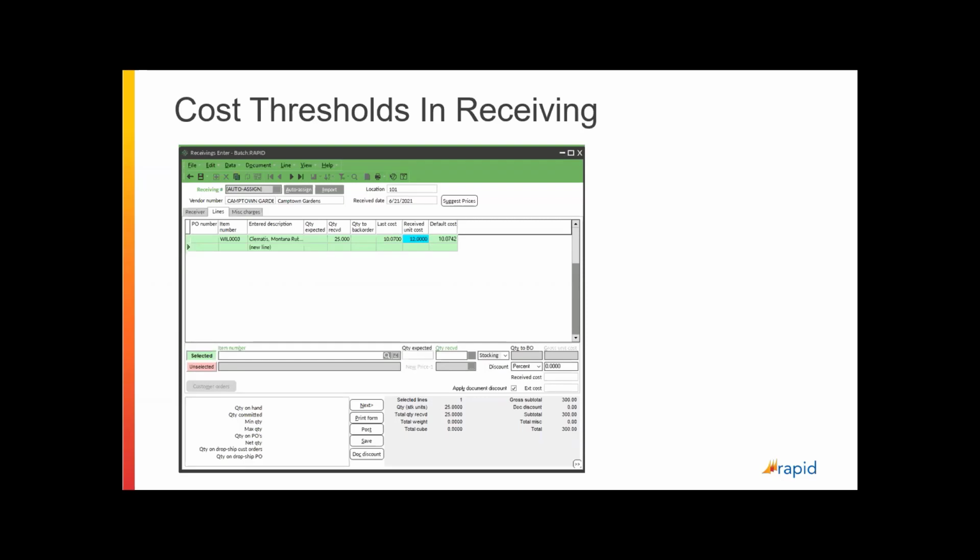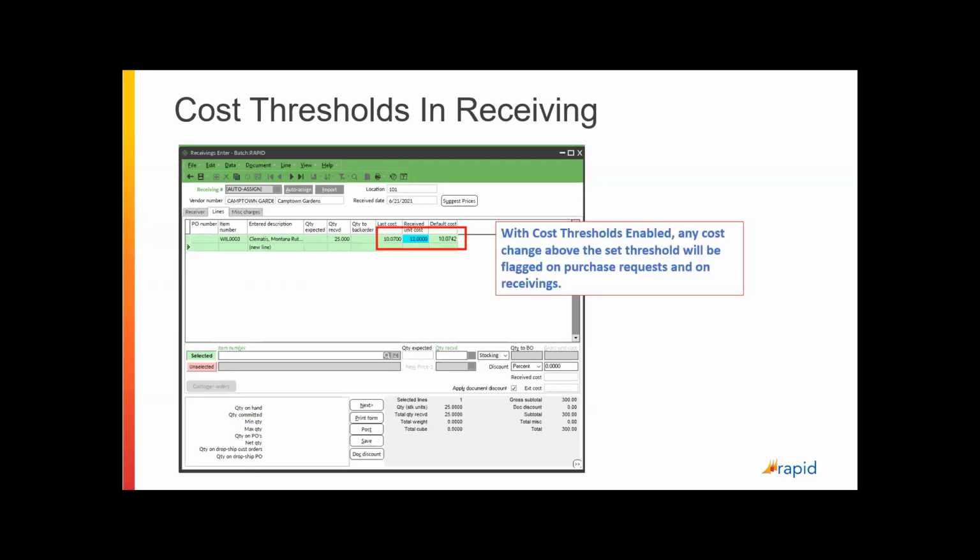So why not get 25 more? It looks like we're going to bring this in at a unit cost of $12. You can see here that the $12 is highlighted. With cost thresholds enabled, any cost change above the threshold is going to be flagged on your purchase requests and on your receivings as well.